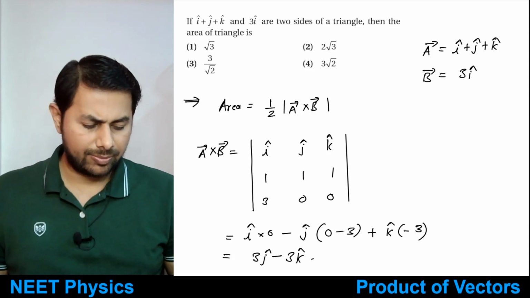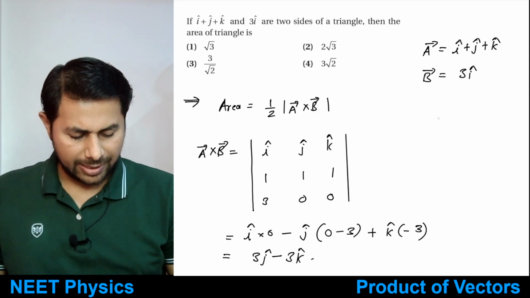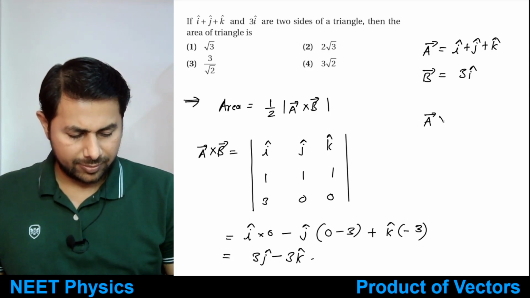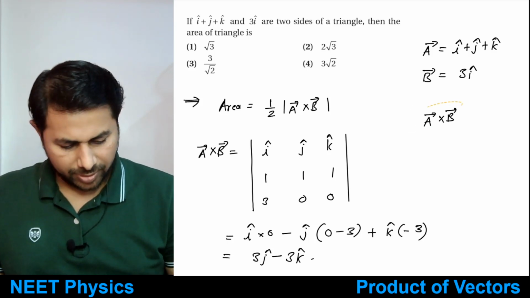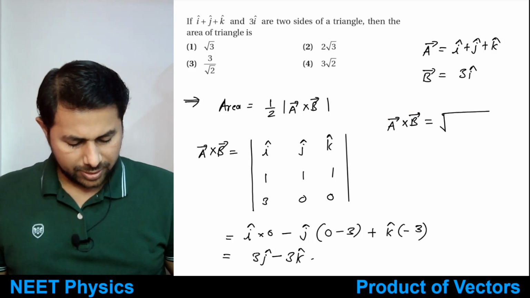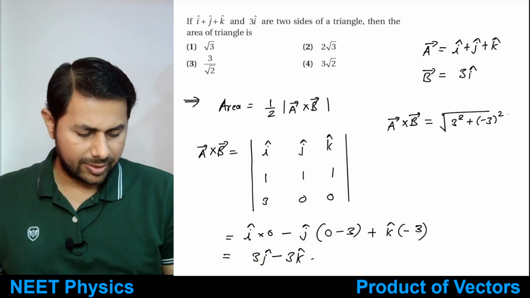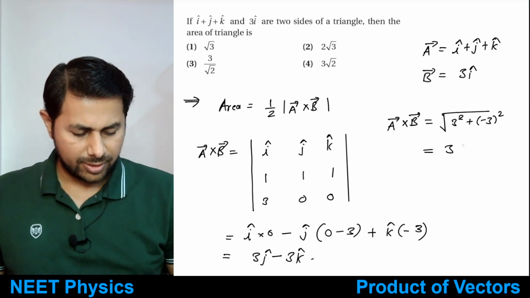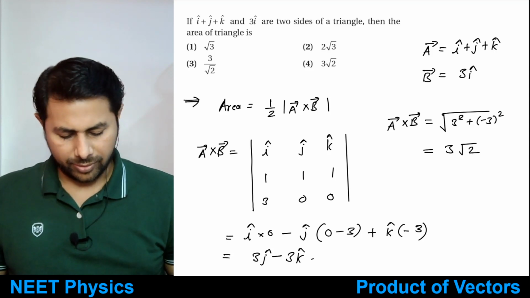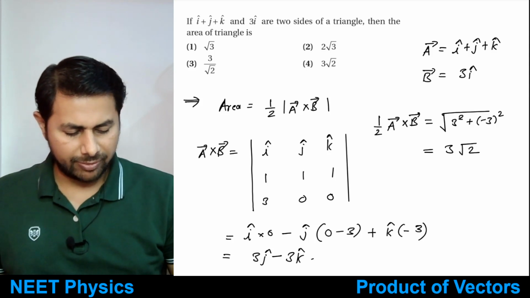So what will be the magnitude of this one? The magnitude of a bar cross b bar is equal to the square root of 3 square plus minus 3 square, that is equal to 3 root 2, right? And then you wanted half of that, so just multiply with half.